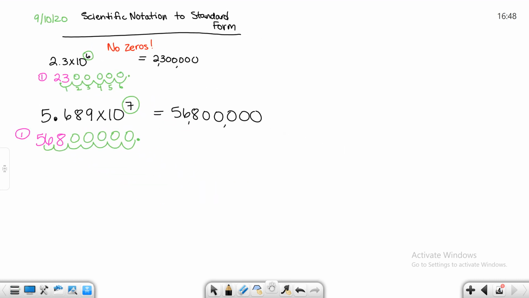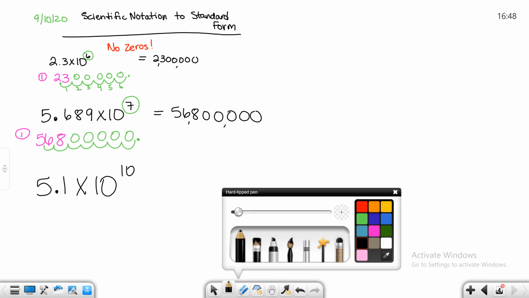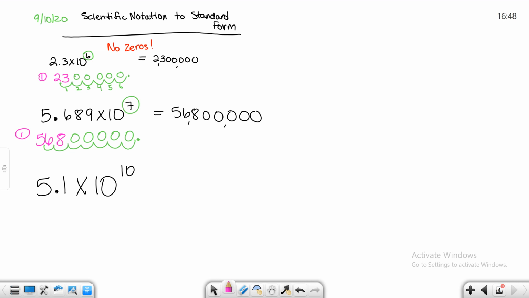I'm going to do that one more time, and then we're going to move on to the very small numbers. So again, thinking of undoing what I did yesterday, we got to think backwards.